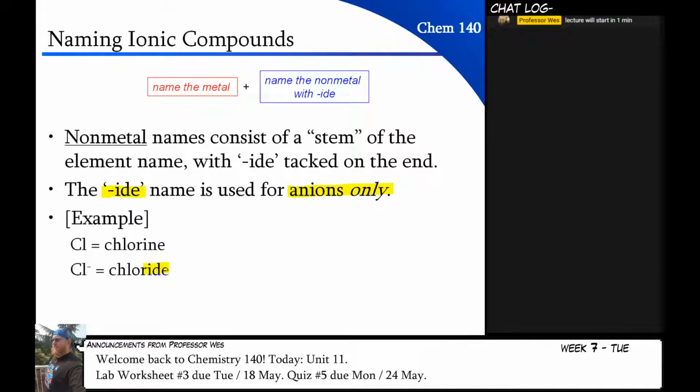And so you can see that here. Chlorine, the atom with 7 valence electrons, looks like this. Chloride with a negative charge looks like that.